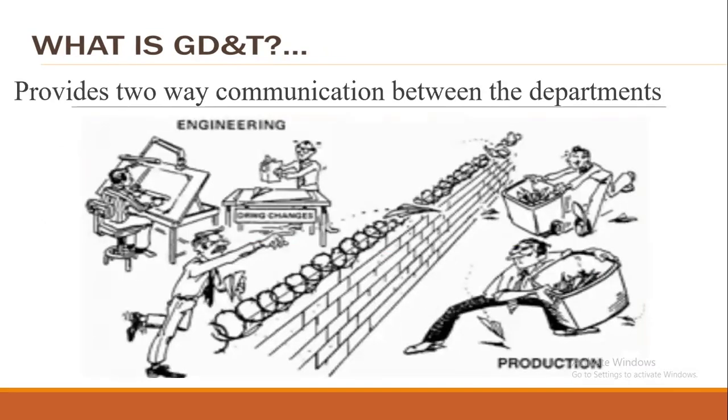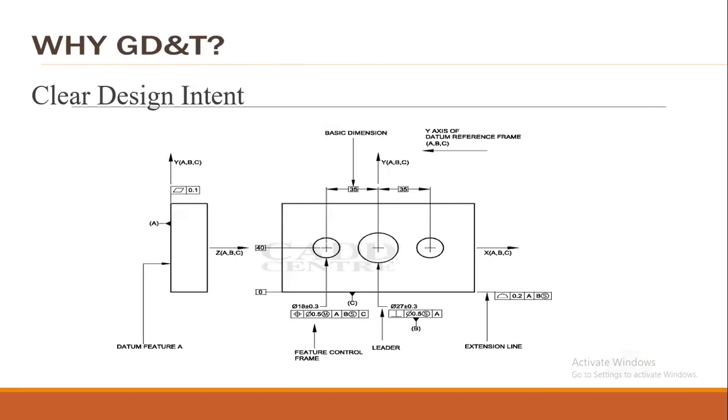It provides two-way communication between the departments. Here we have two departments: one represents the engineering department and the second represents production. If you are getting difficulties in production, you can throw back your results or observations into engineering. And if during engineering you are getting some errors, you can assign them to production.